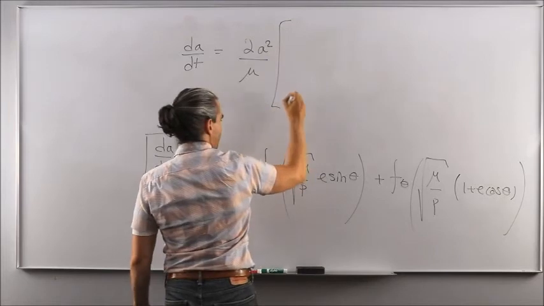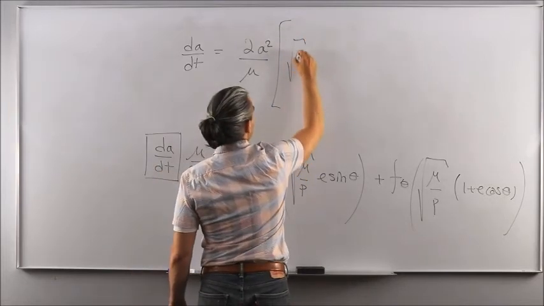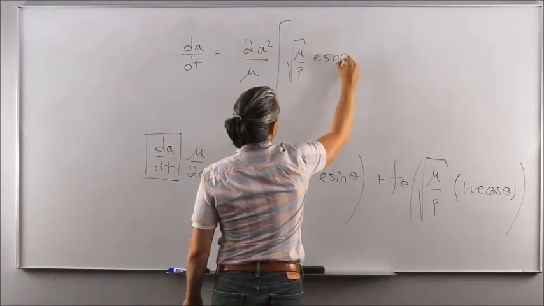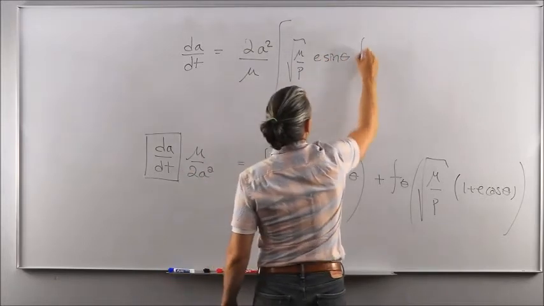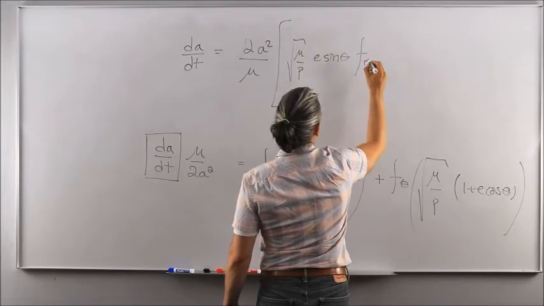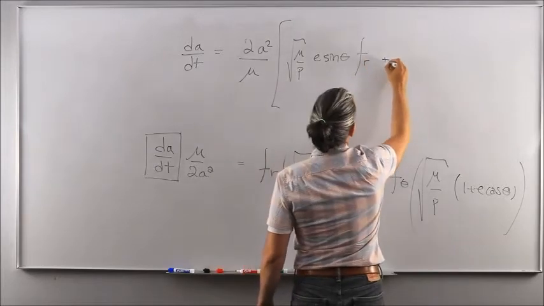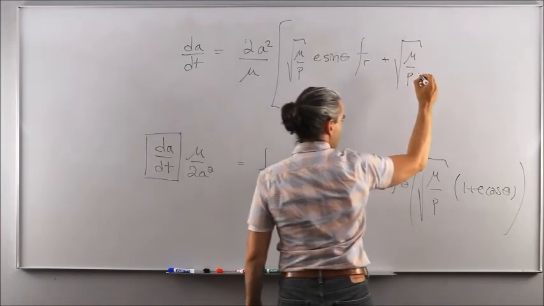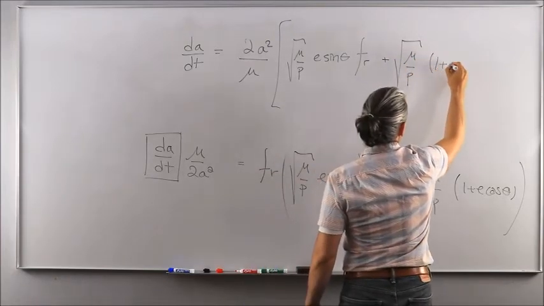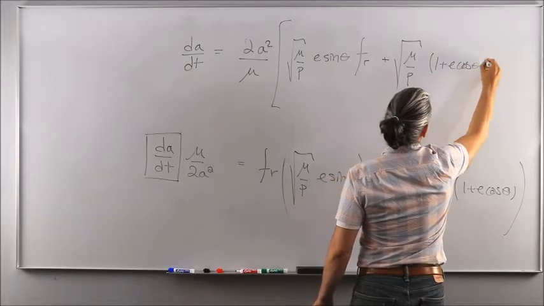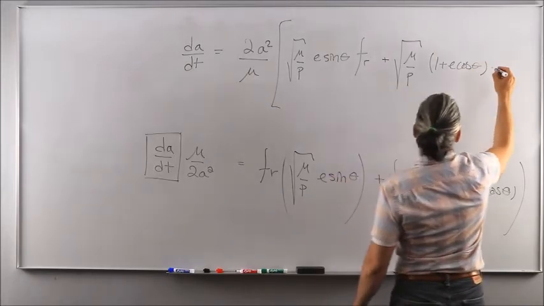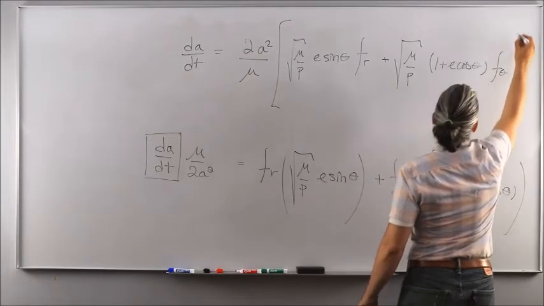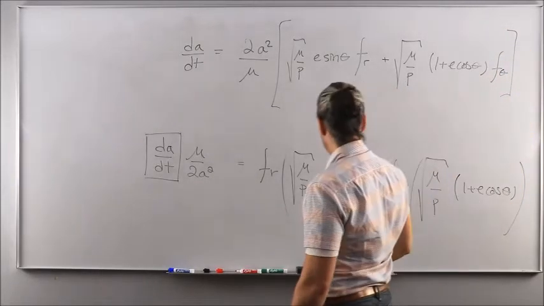That multiplies square root of mu over p times e sine theta. This multiplies f_r, plus square root of mu over p multiplies 1 plus e cos theta. And then this is multiplying f_theta, and then close the bracket here.